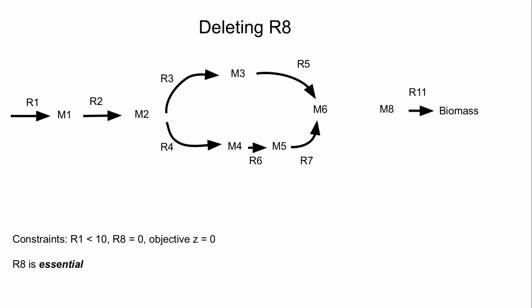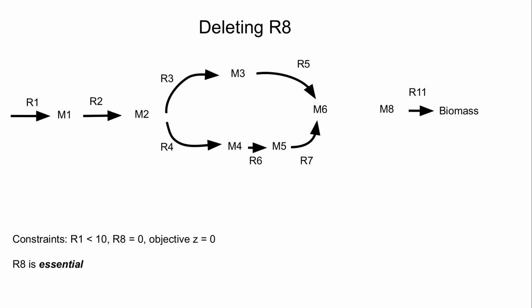Let's try another reaction. Here we're deleting R8. R8 is now deleted, and we have the same situation. R1 could in principle take up metabolites, but then it would have to pass it all the way downstream, and here at M6 we wouldn't really be able to do anything with whatever flux we get in through R5 and R7, which means that de facto these fluxes are both blocked, and the fact that these fluxes are blocked will also block anything downstream of them.